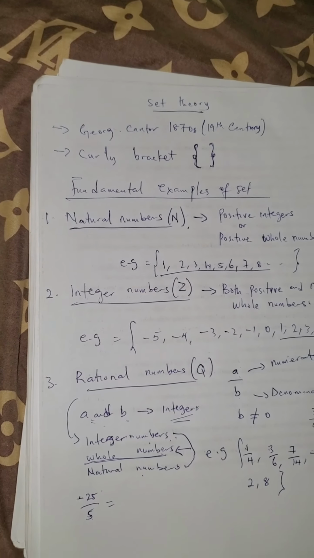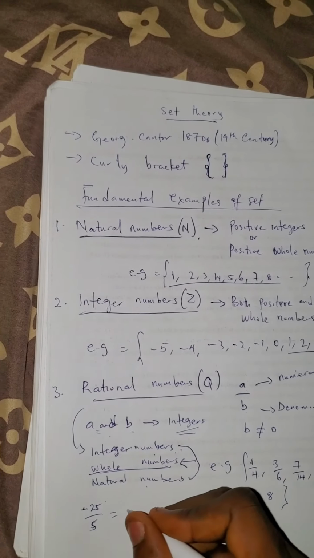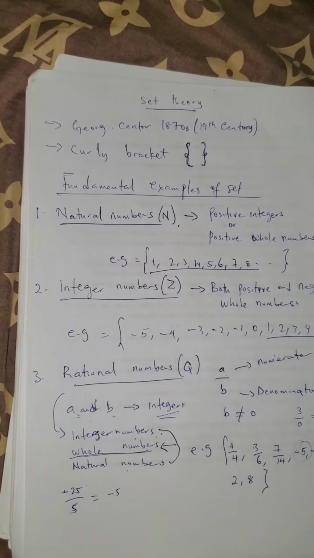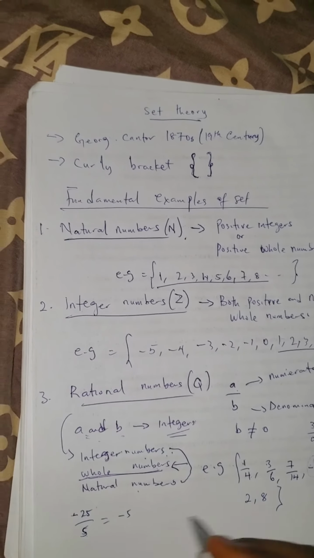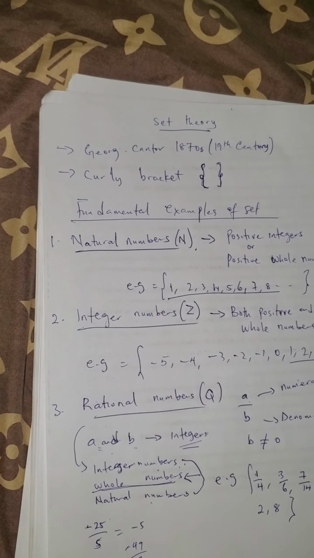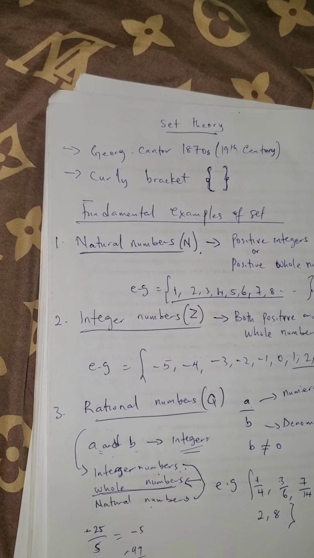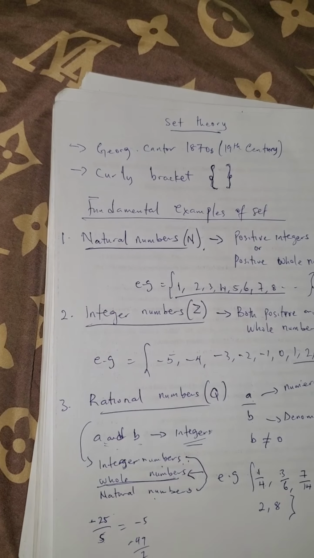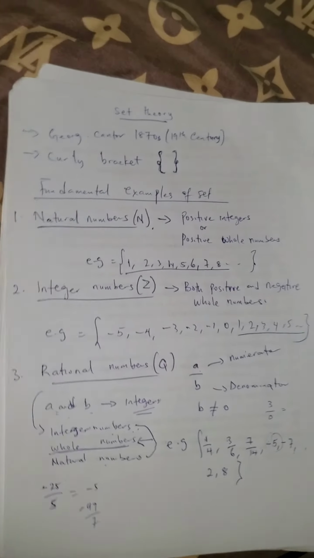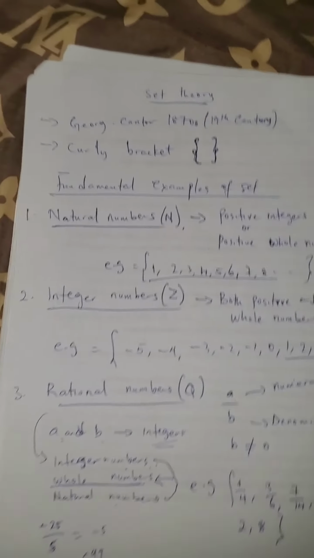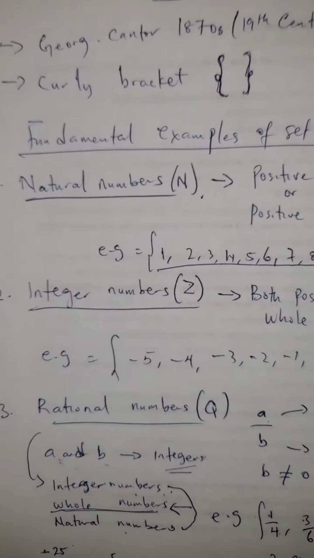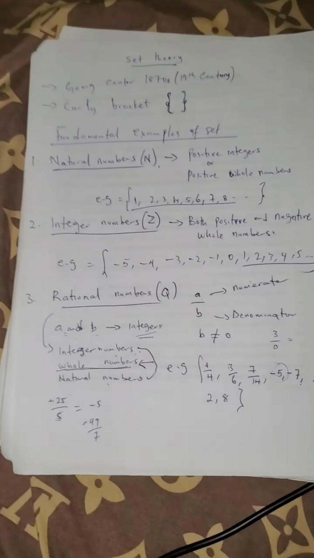Minus 25 over 5, if you don't know, will give you minus 5, which is this. Can you see that it is a rational number? Even I can have minus 49 over 7, which will also give you minus 7 here. Can you see the way it becomes a rational number?